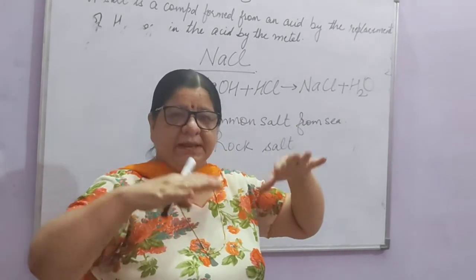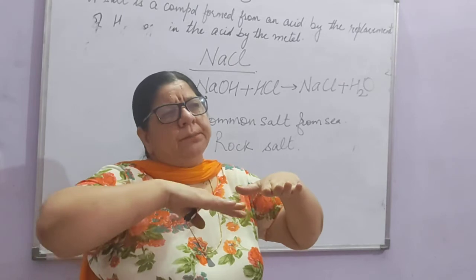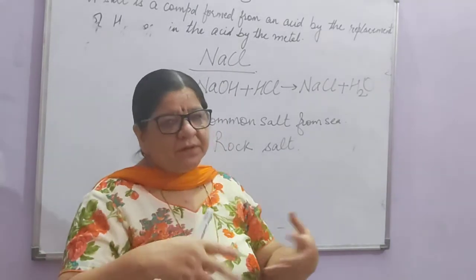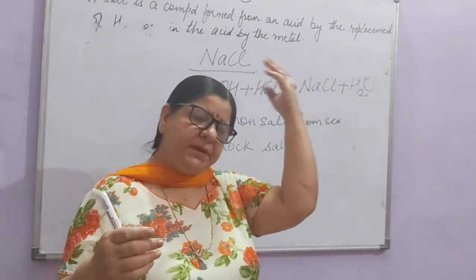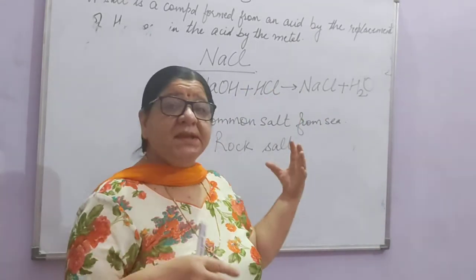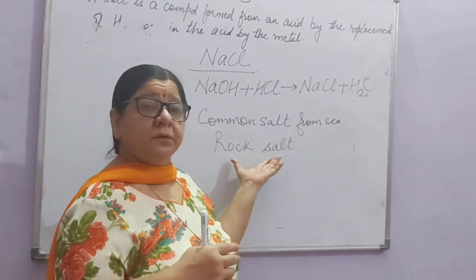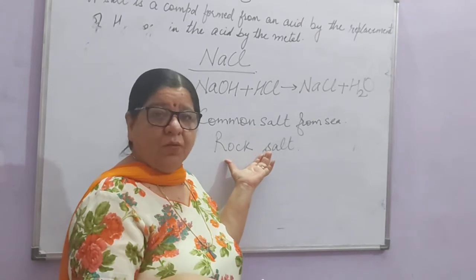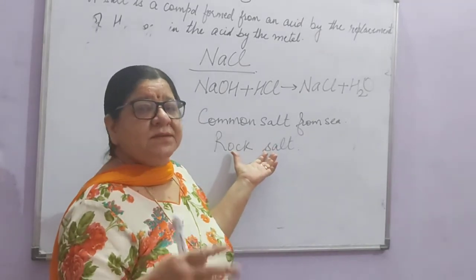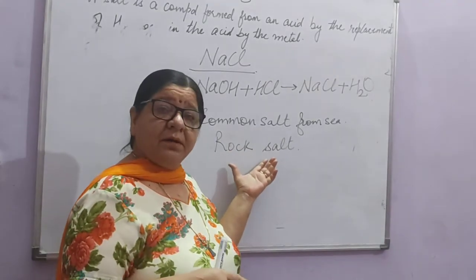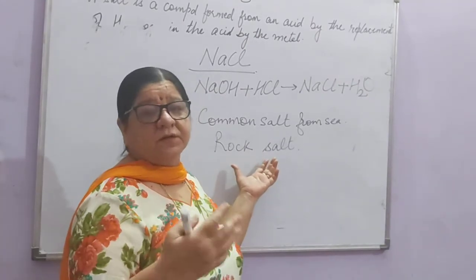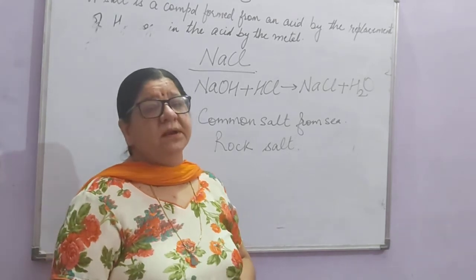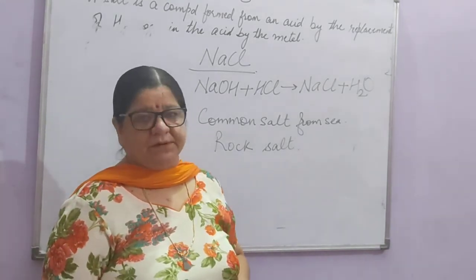These are the mountains which millions of years ago were present in the sea, but when the sea water evaporated millions and millions of years ago, then these rocks were left behind and they are found underground. Just like coal mining is done, same way the mining of these rock salts is done, right? And these are mostly brown in color because of the impurities present in it.